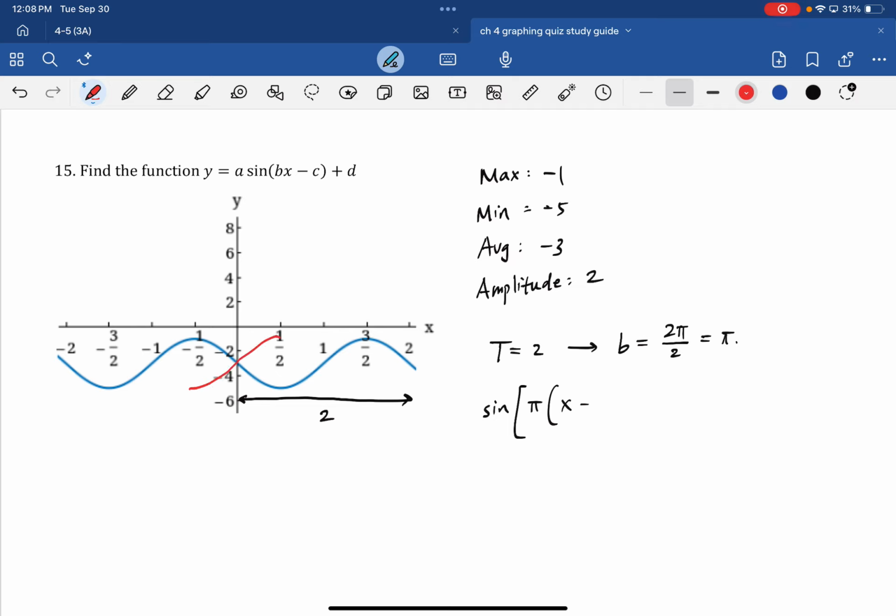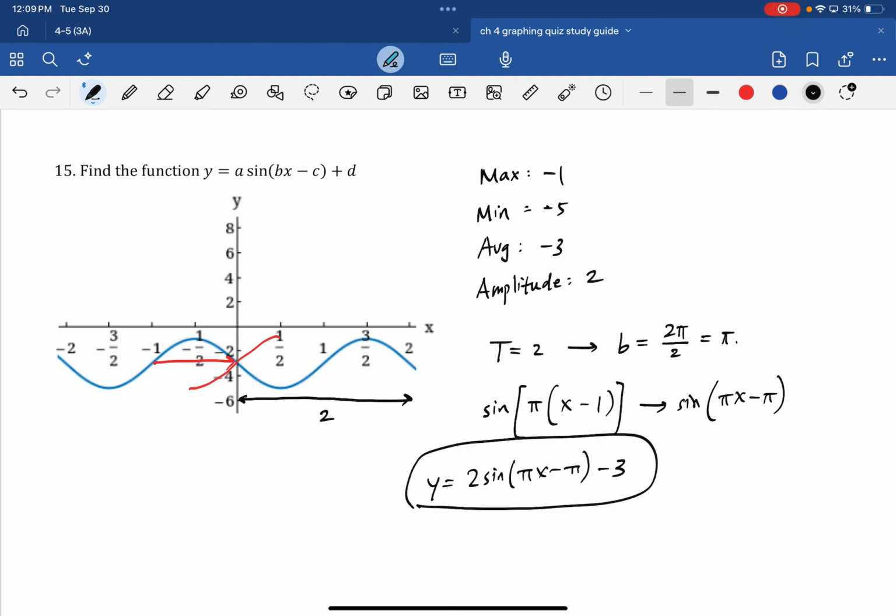But clearly it's been shifted by 1 unit to the right. So that means it's sine of pi times x minus 1, or sine of pi x minus pi. So that would be the stuff inside my sine function. So my final answer is y equals 2 times sine of pi x minus pi, minus 3, because D is negative 3.